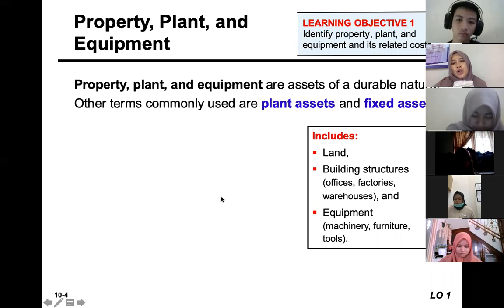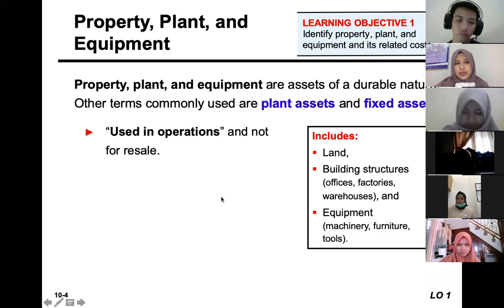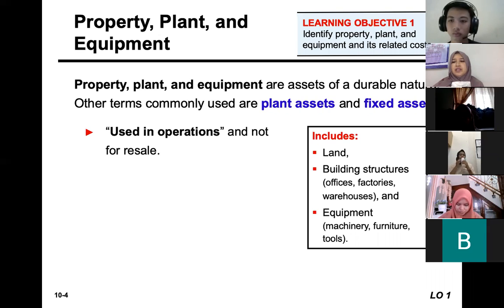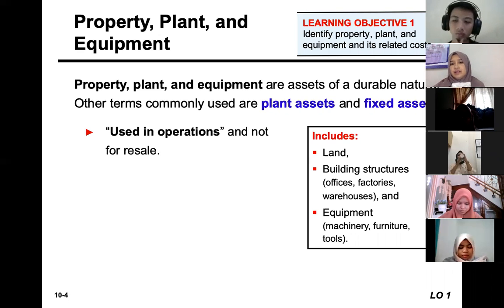What's the criteria to include an asset into PPE? First, it must be used in operations. For example, the land is used for the operation. It's not used for investment purposes. It's not used for resale purposes. Do you understand what I mean? The company doesn't buy the land for the purpose of reselling it, but for the purpose of the operation itself.